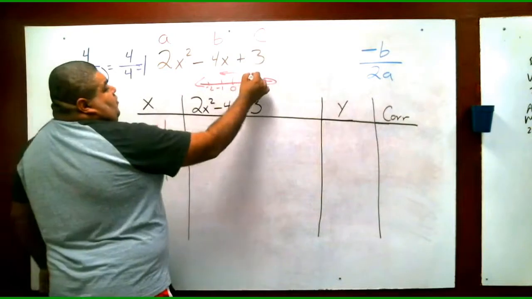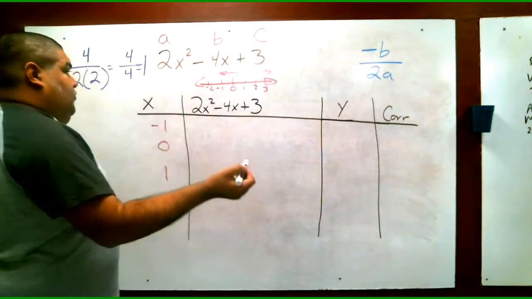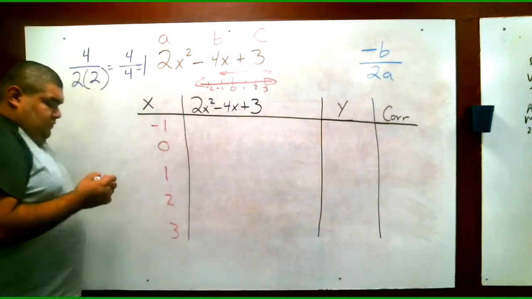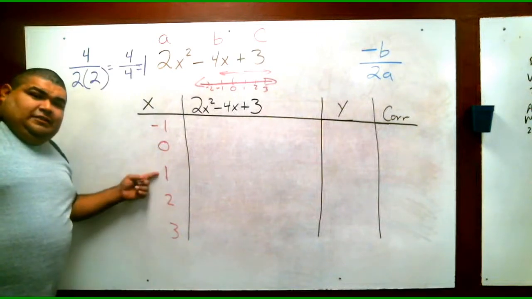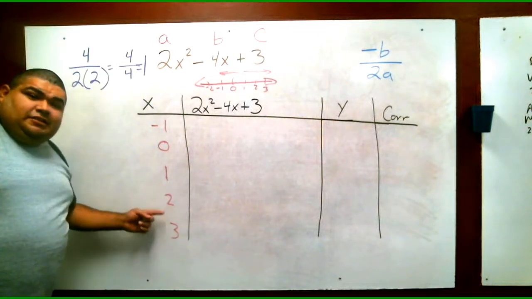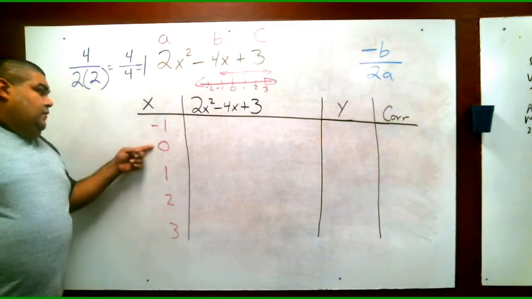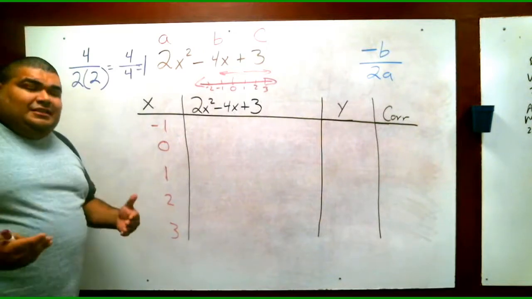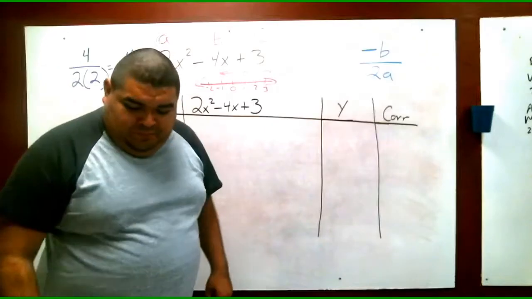What if you go right from 1? You get 2 and 3. From 1 to 2, the distance is 1. From 2 to 3, the distance is 1. From 1 to 0, the distance is 1. From 0 to negative 1, the distance is 1. Notice how the distance is consistent.